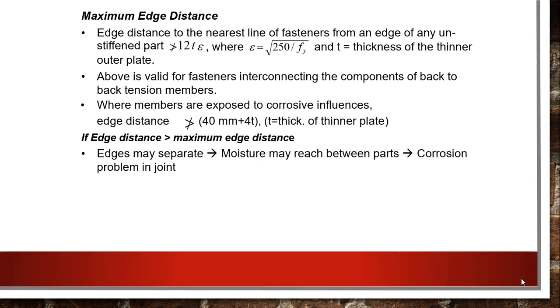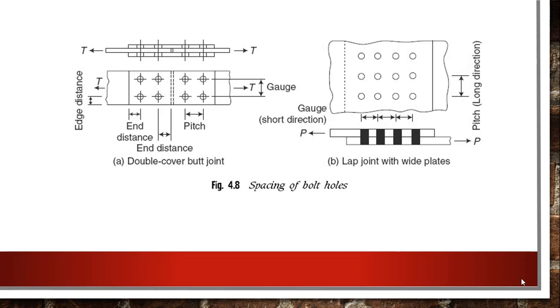Okay, so you should provide the minimum edge distance and minimum pitch distance in the design consideration. This is the diagrammatic representation of pitch, gauge, end distance and edge distance. The center to center distance between two bolts in the direction of force is called pitch. The center to center distance between two bolts perpendicular to the direction of force is called gauge.